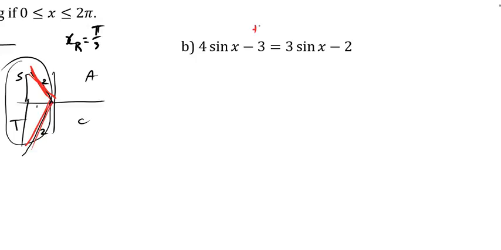So I'm going to add 3 to both sides. And I'm going to subtract 3 sine x from both sides. 4 sine x minus 3 sine x, that's like 4y minus 3y. So that's just sine x, and negative 2 plus 3 is 1.